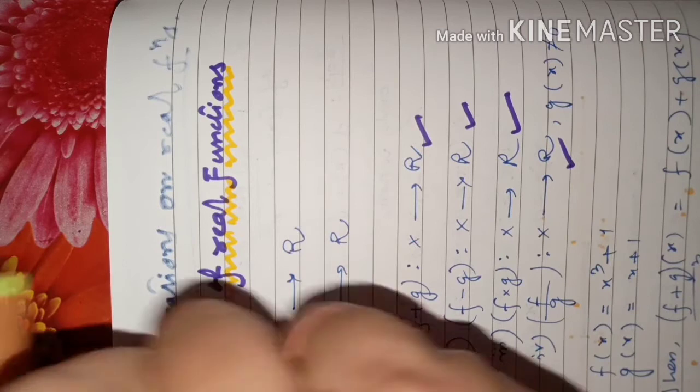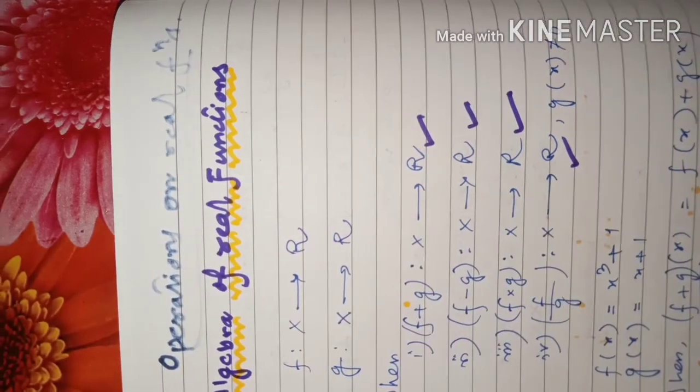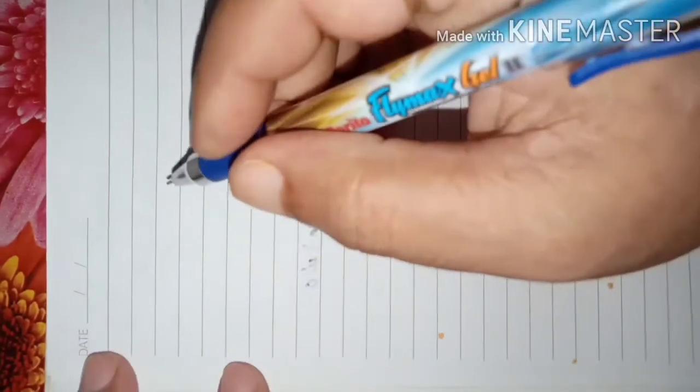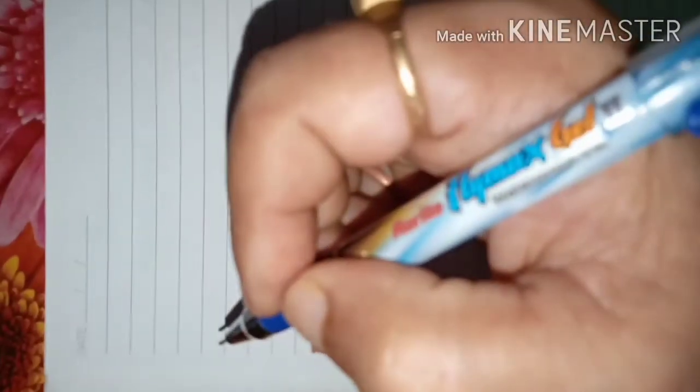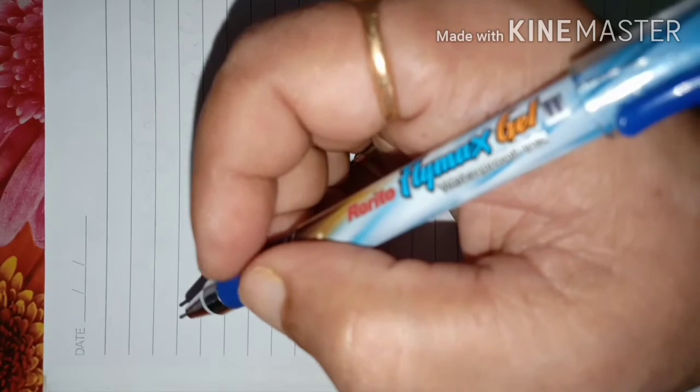So we'll work on this. And before that, yesterday in our previous video, we learned some questions on how to find the domain of a function. Today again, I'm going to discuss how to find the domain and range of a function. Let us take one question like this.